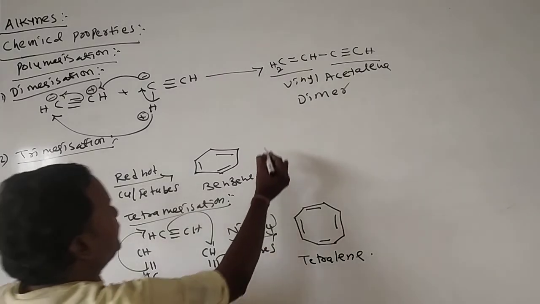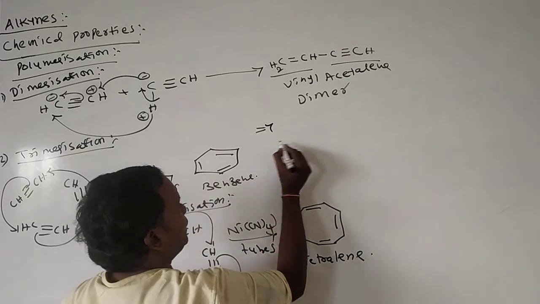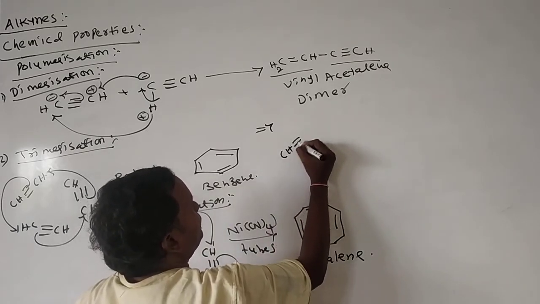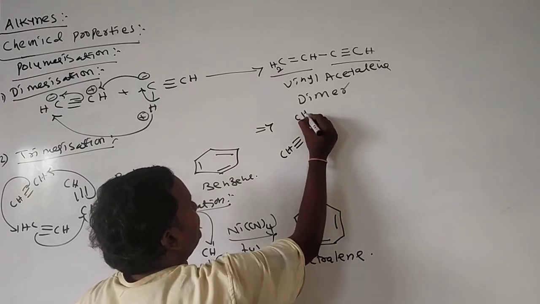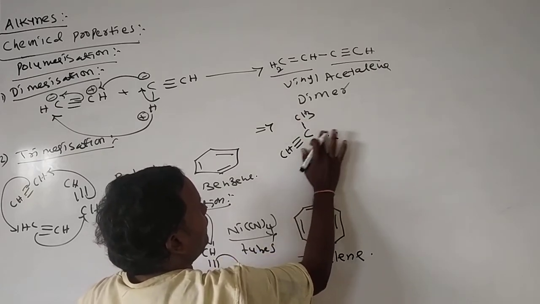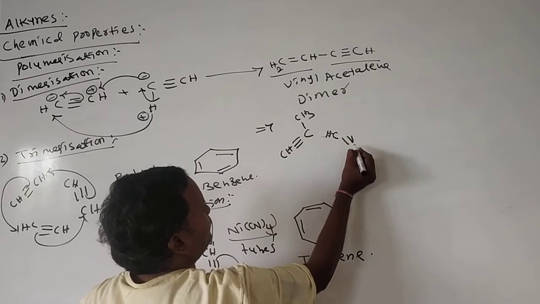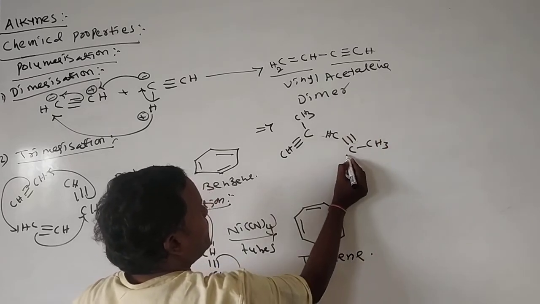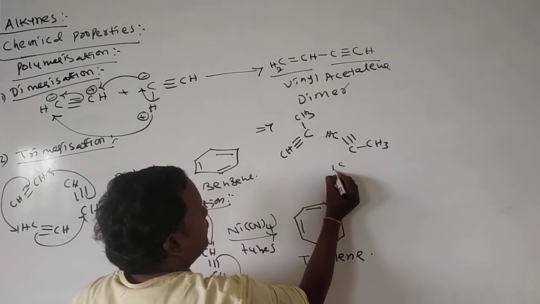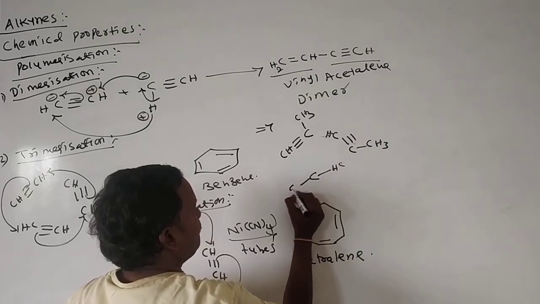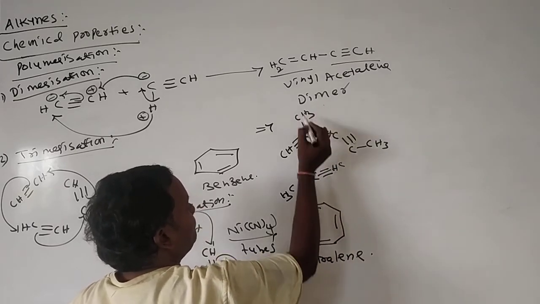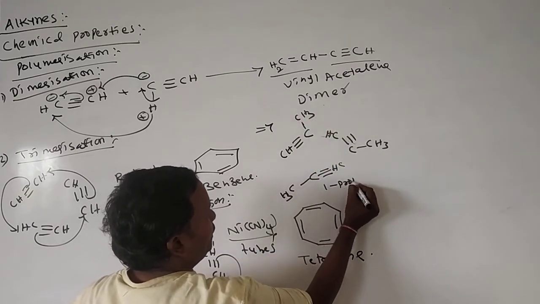Suppose, for example, in trimerization, here I am taking one more alkyne: CH3 C triple bond CH, 1-propyne.